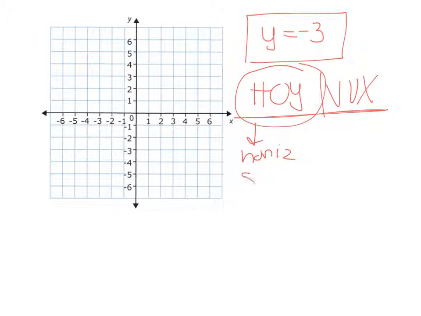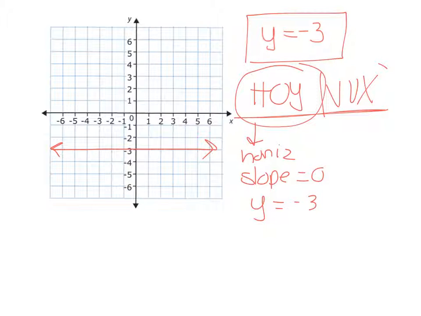The slope of that line is going to be 0. And I know that the equation is y equals -3. So if it's going to be horizontal, it's going to be parallel with the x-axis. So I'm going to go down to -3, and that's where I'm going to draw that horizontal line. And that's all it is. That's all you're going to do for that one.